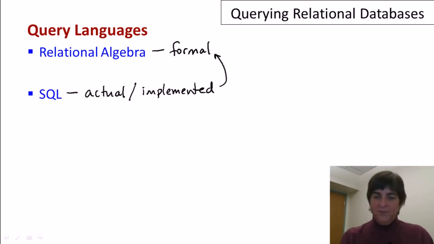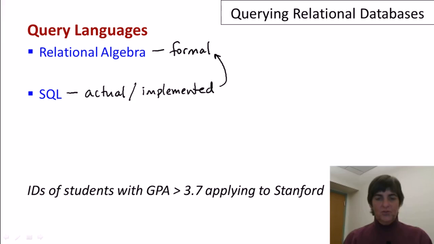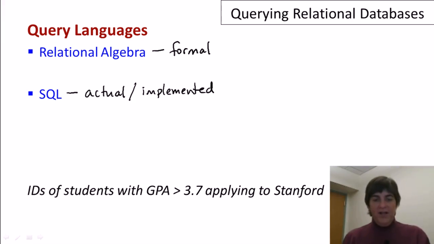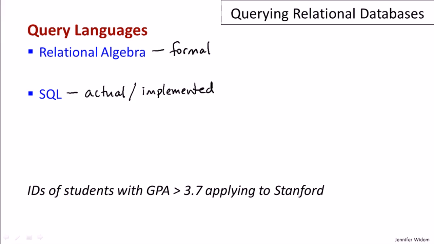Now, let me just give you a flavor of these two languages, and I'm going to write one query in each of the two languages. So let me get rid of this little line here. Let's start in relational algebra. We're looking for the IDs of students whose GPA is greater than 3.7 and who have applied to Stanford. In relational algebra, the basic operators of the language are Greek symbols. Again, we'll learn the details later, but this particular expression would be written with a pi followed by a sigma.